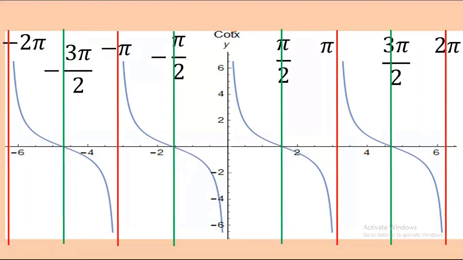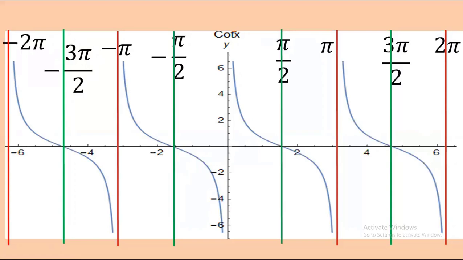The curve is asymptotic when x is equal to n pi. And what is the domain? It is the set of all real numbers except all those points where it is discontinuous.